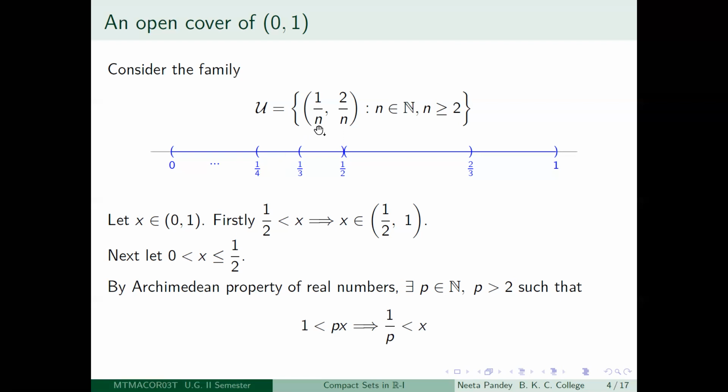The first part will be okay: if you take any 1/m, then that is going to be greater than 1/(m+1). But you also want to ensure that it should be less than 2/m. Both the things you want, right? So that is what we are trying to do. And instead of looking at particular examples of numbers of the form 1/m, we are taking any x. So this was our first step. Now let us see what we will do.